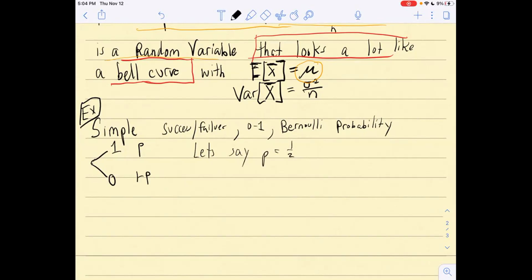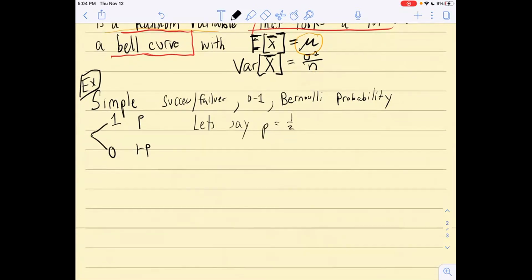So if you repeat this over and over, every time you flip a heads, let's say you add 1, you get plus 1, and every time you get tails, you get 0. So basically, you're just getting either a 0 or 1 with chance 50-50.